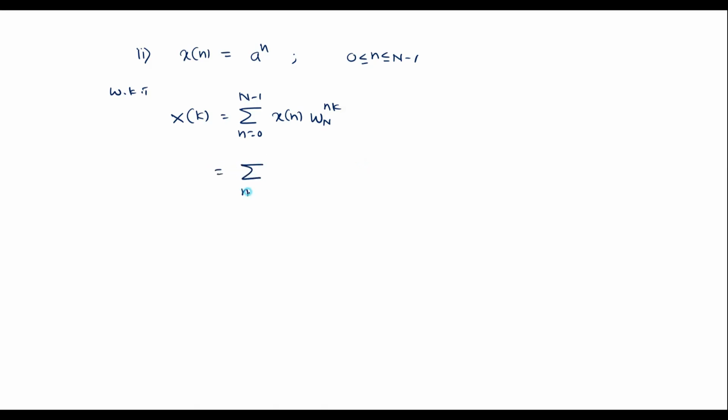Simplifying this, x(n) is a to the power n, so we have the summation of a to the power n W_N to the power nk, or further I can represent this as the summation from n equal to 0 to N minus 1 of (a W_N to the power k) to the power n. I can represent this in this way.